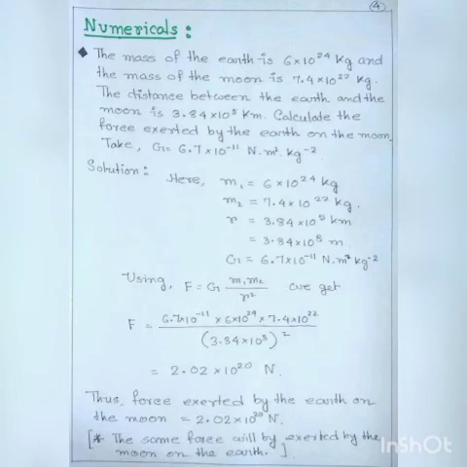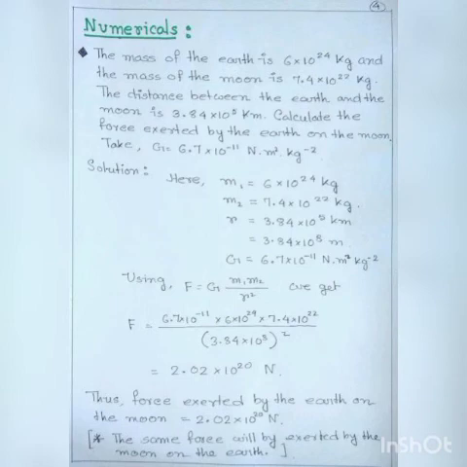Here G is equal to 6.7 into 10 to the power minus 11 Newton meter square per kg square. Mass of the earth m1 is 6 into 10 to the power 24 kg, mass of the moon m2 is 7.4 into 10 to the power 22 kg, and the distance between them r is 3.84 into 10 to the power 5 kilometer.